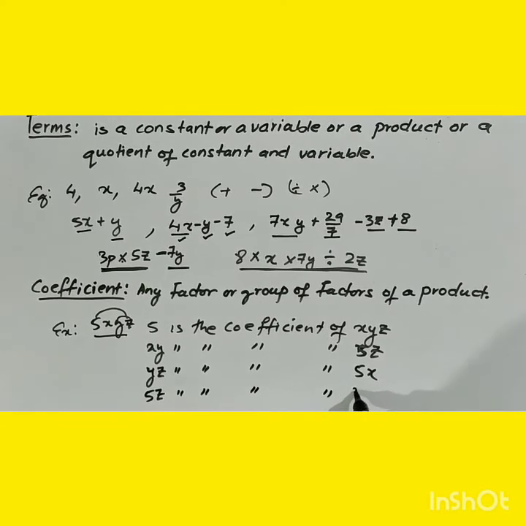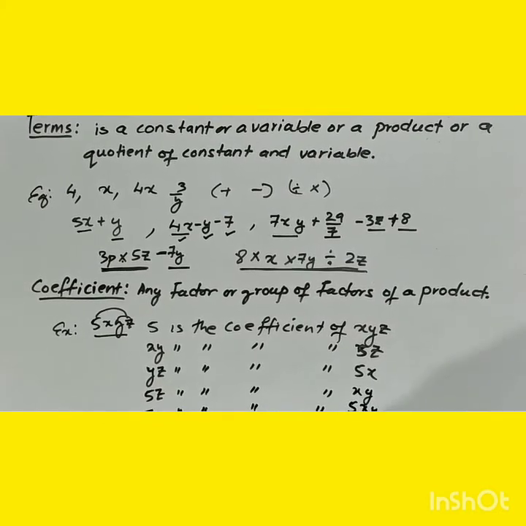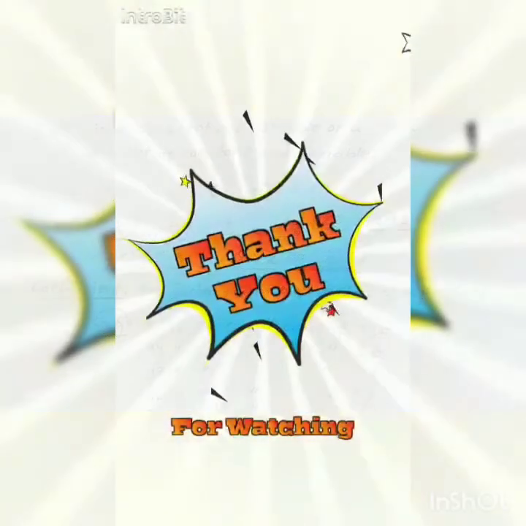Again, you can write z is the coefficient of 5xy. Again, you can write y is the coefficient of 5xz. Okay, so I hope you understand these two important terms, term and coefficient. Okay, so thank you for watching.